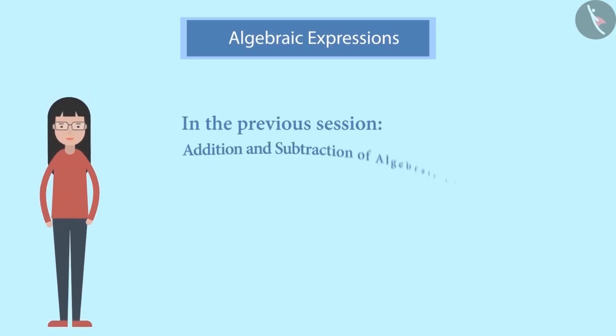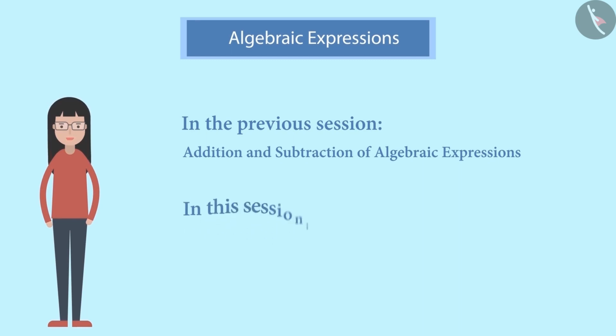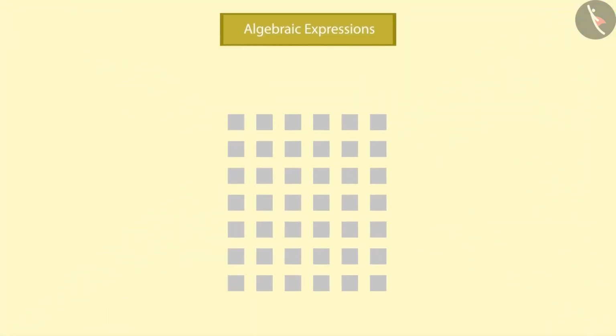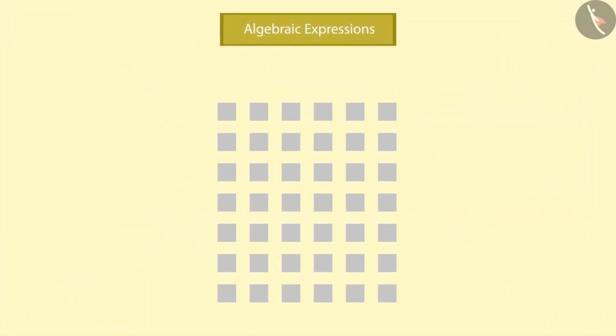In the previous session, we learned about addition and subtraction of algebraic expressions. Friends, in this session, let's learn multiplication of algebraic expressions. Let us suppose this is a cinema hall. We can see that here the chairs are arranged in rows and columns. Suppose there are a total of n chairs in each row and a total of m chairs in each column.